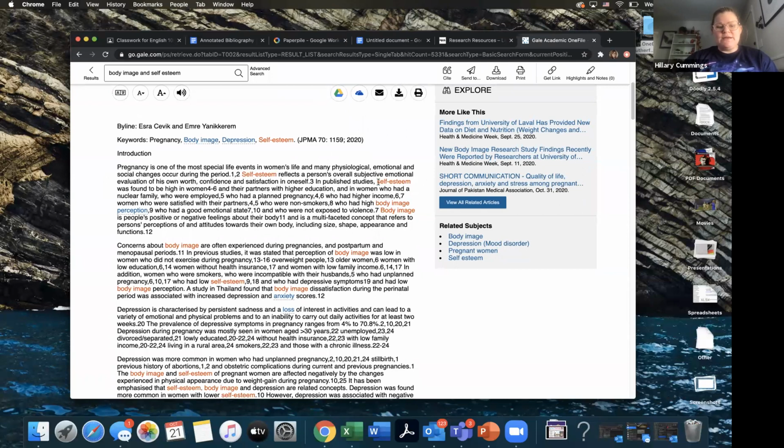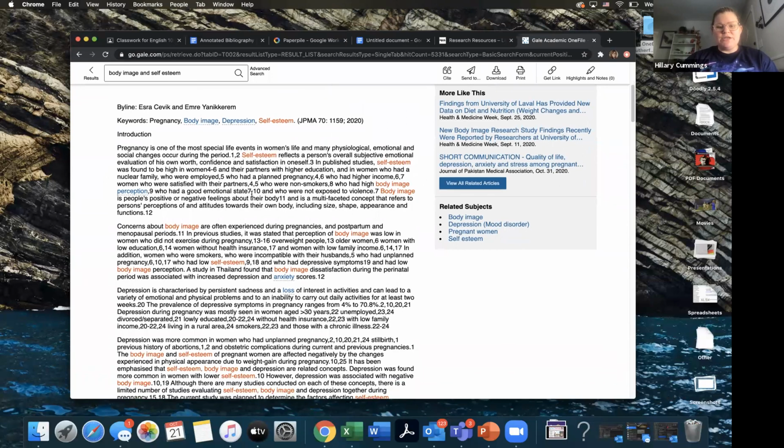In published studies, self-esteem was found to be high in women and their partners with higher education, and in women who had a nuclear family, who were employed, had a planned pregnancy, and who had higher income, as well as women who are satisfied with their partners, were non-smokers, and who had high body image perception and a good emotional state, and are not exposed to violence.